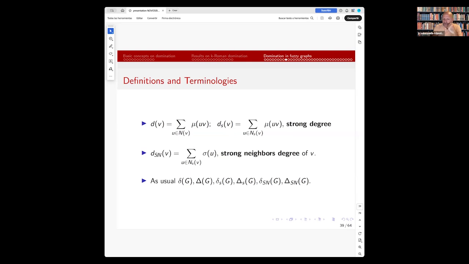Similarly, we can define the strong neighbors degree of a vertex, in which instead of summing the strength of the edges, we take the membership value of the vertices which are strong neighbors of the original one. And similarly, as usual, we can define the minimum and maximum degree, strong degree, and strong neighbors degree.